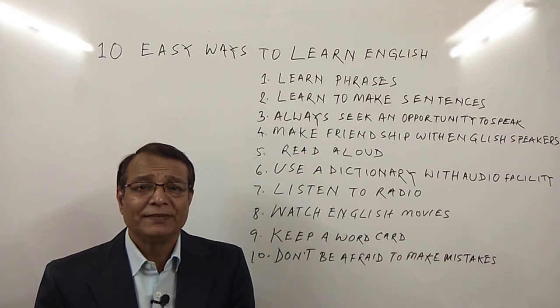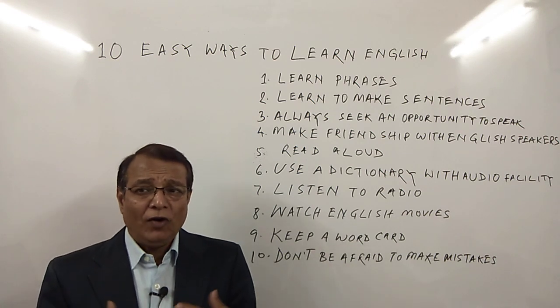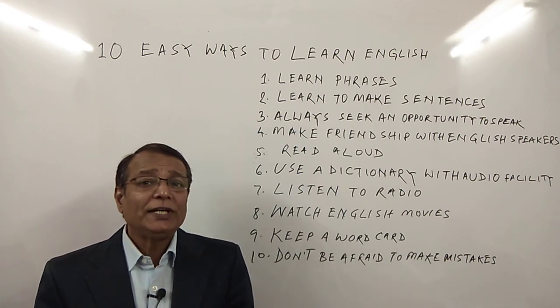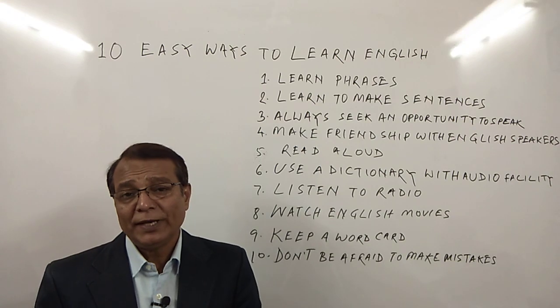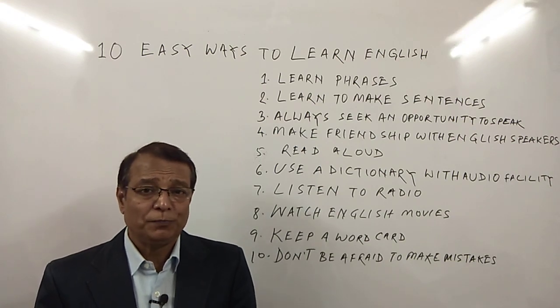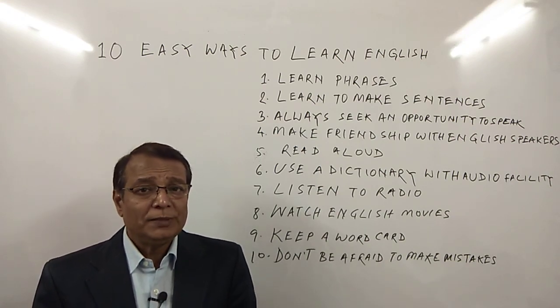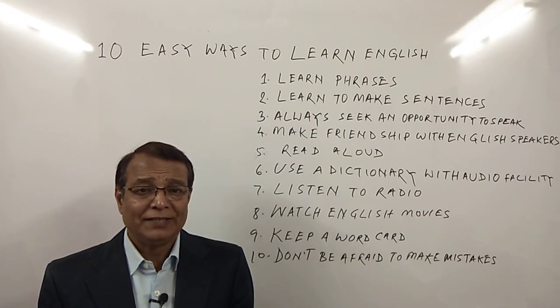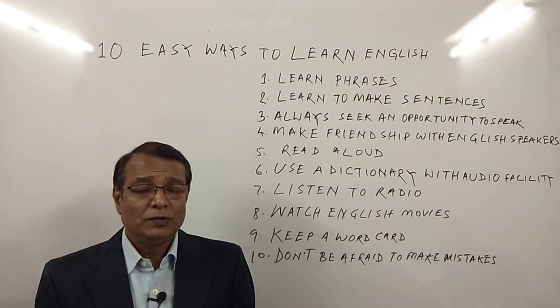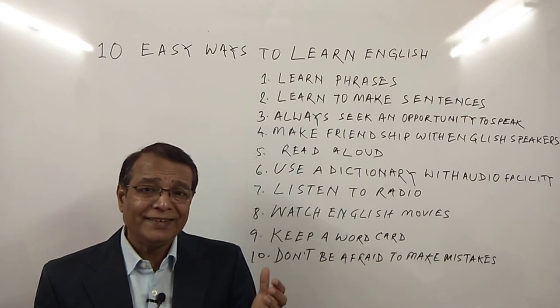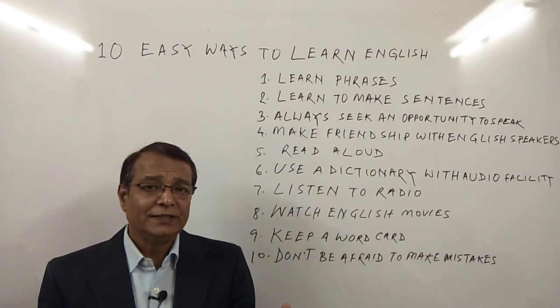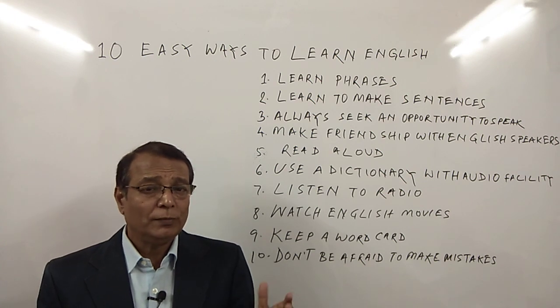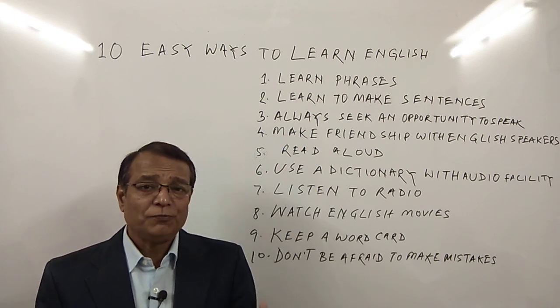The third easy way is always seek an opportunity to speak. Why am I saying always seek an opportunity to speak? Actually, this problem occurs especially among non-native speakers of English, because you are living in a region where the regional language, your mother tongue, is so popular, and you speak that language so much of the time.